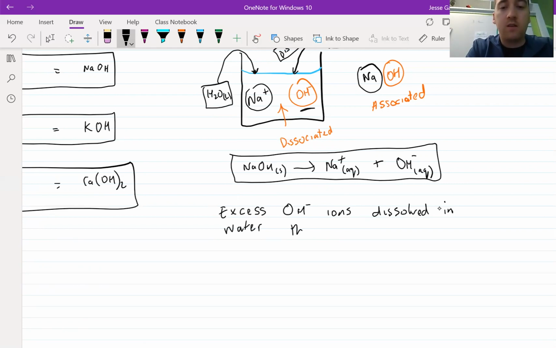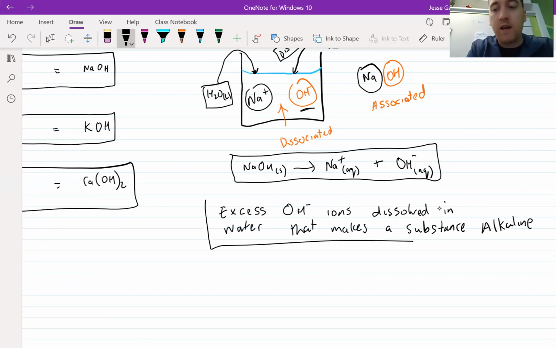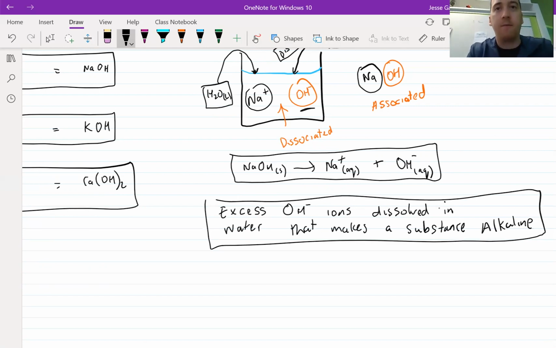that makes a substance alkaline. That is what makes a substance alkaline.